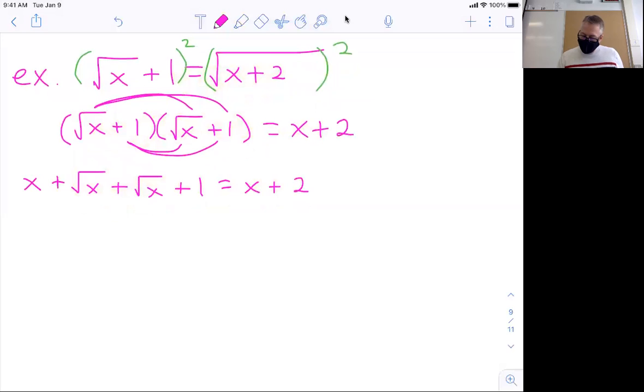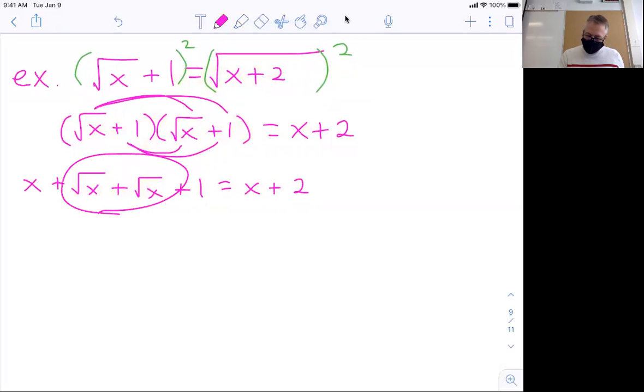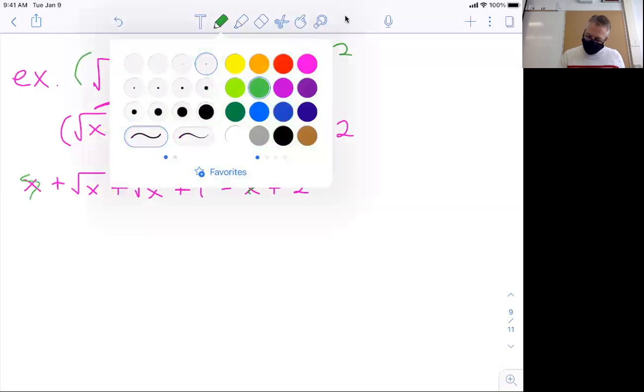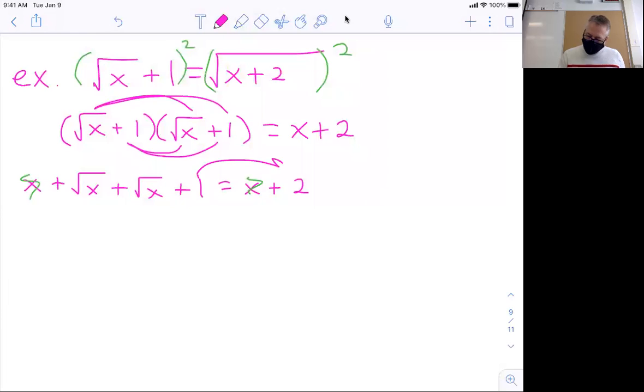So to get these radicals by themselves on the left, I'll subtract x from both sides. And in fact, that's kind of nice that they actually cancel in this case. I'll subtract the 1 over, and so I have 2 square root of x on the left, and equals 1.